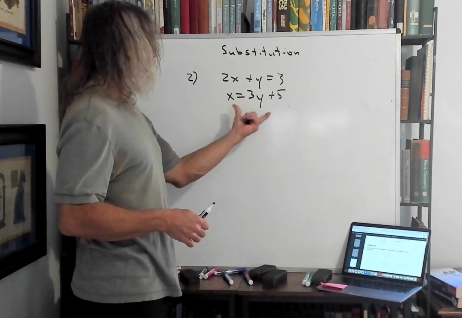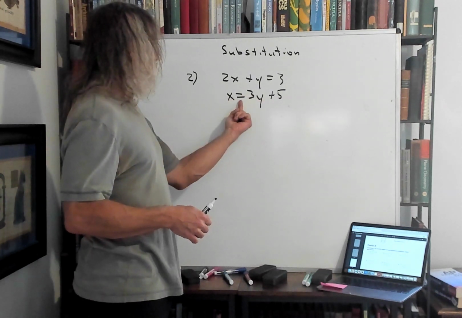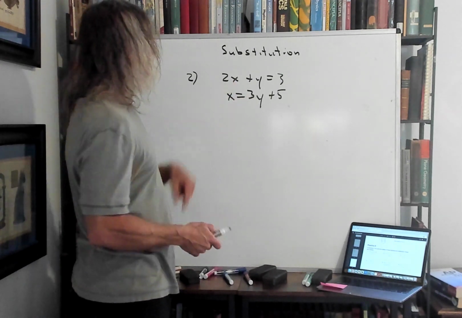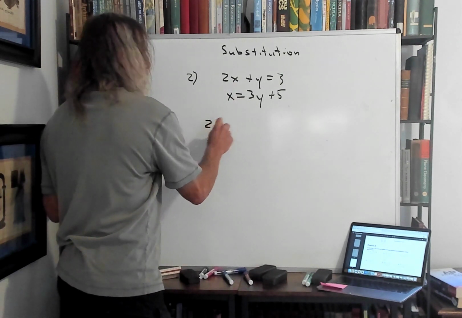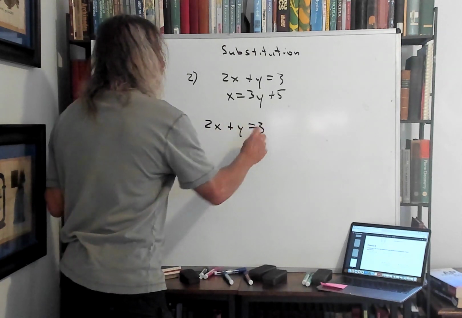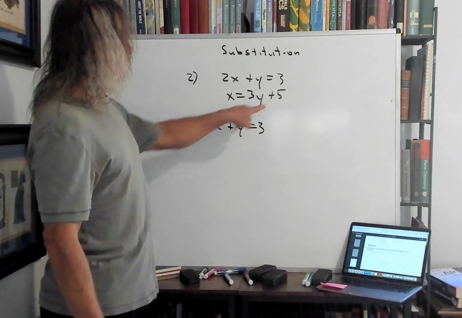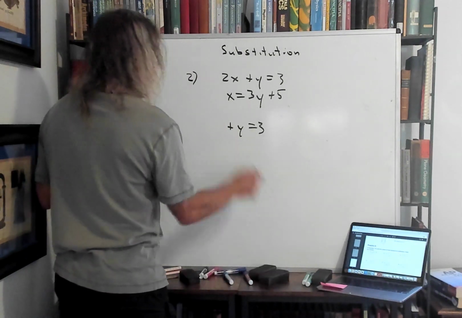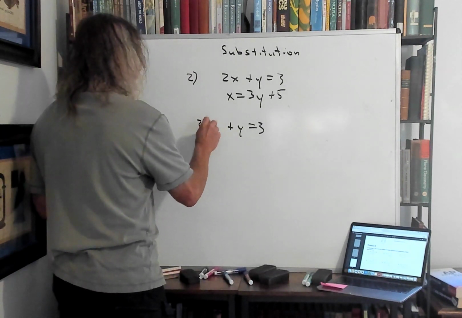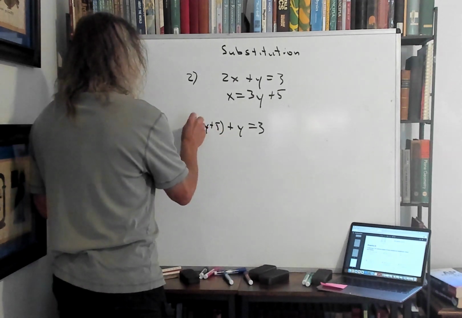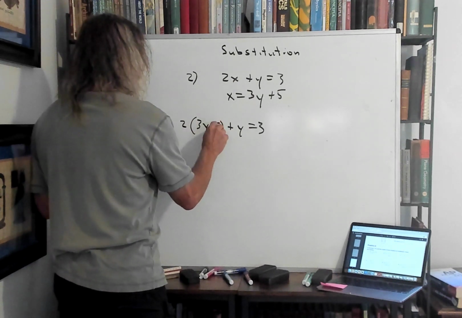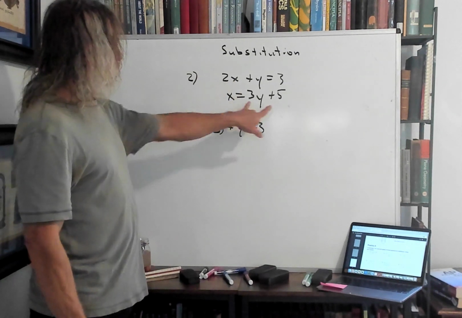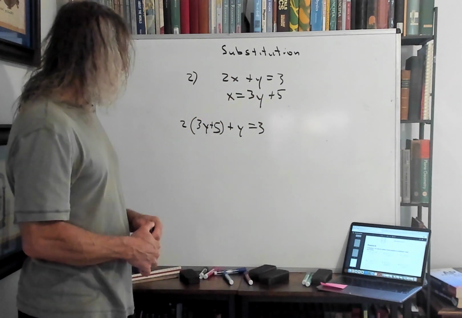This is x. A different way of saying the same thing. So in place of the x, I put this. So if we got our 2x plus y equals 3, in place of the x, I can put all this.